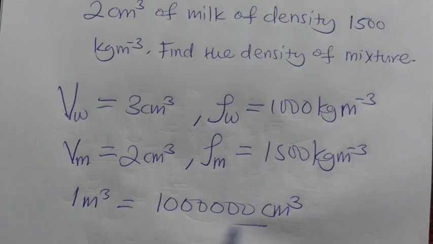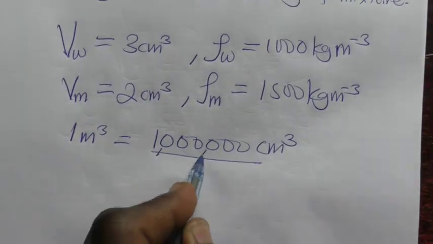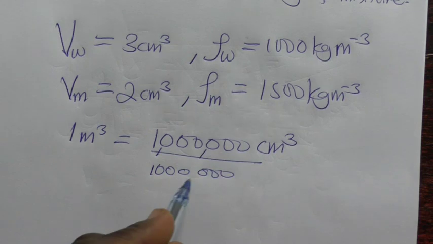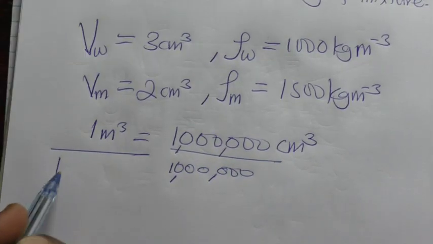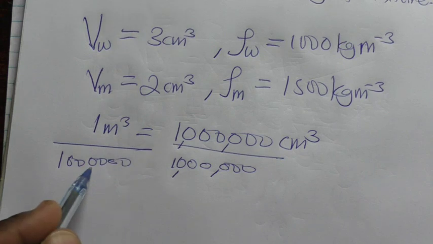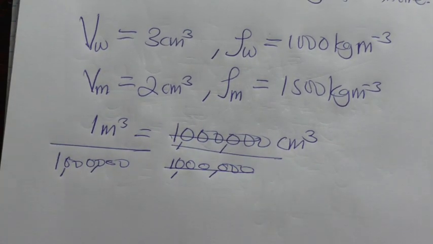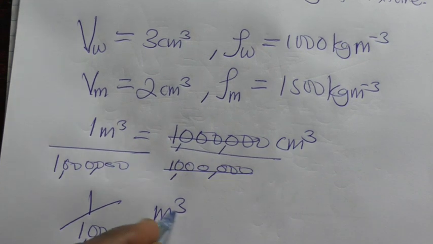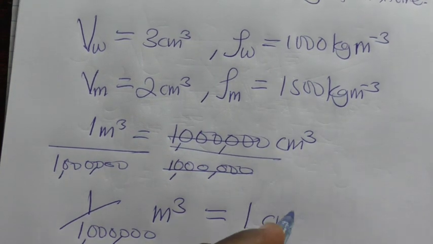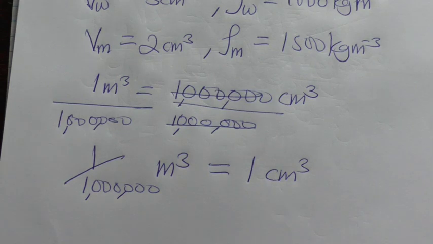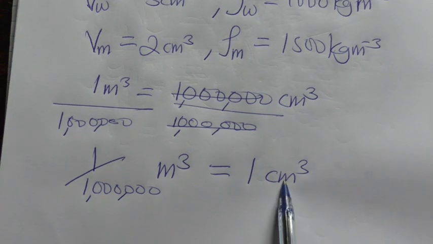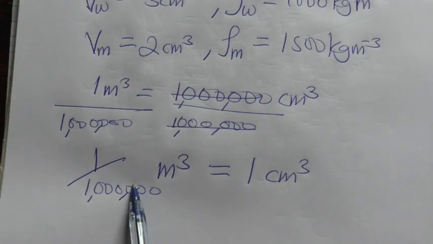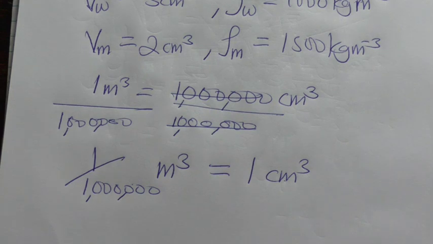Then that means that if I divide by 1 million on both sides, that gives me 1 over 1 million meters cubed equaling 1 centimeter cubed. So this shows that when I'm converting from centimeter cubed to meter cubed, I divide whatever I'm given by 1 million.